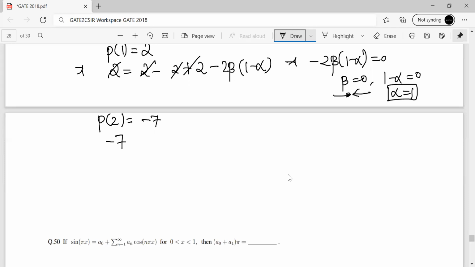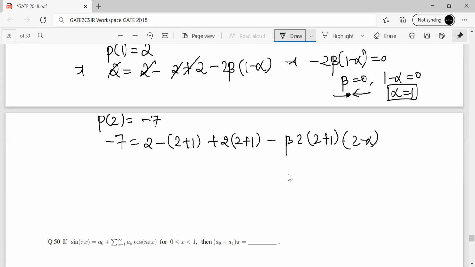You get minus 7 equal to 2 minus 2 plus 1 plus 2 times 2 plus 1 minus beta into 2 plus 1 and into 2 minus alpha. So what I get is minus 7 equal to 2 minus 3 plus 6 minus 2 beta, 2 plus 1 is 3, so 6 beta, minus 6 beta into 2 minus alpha.